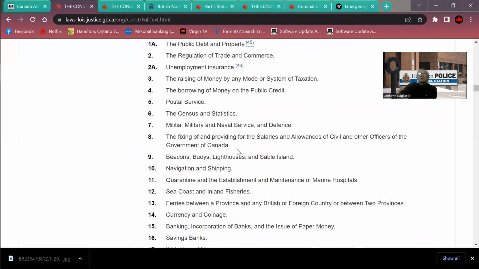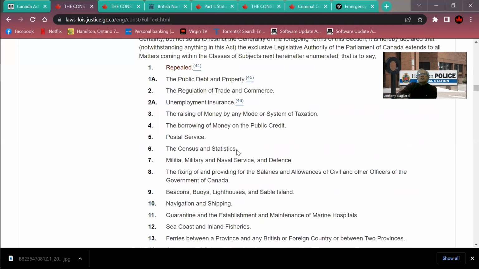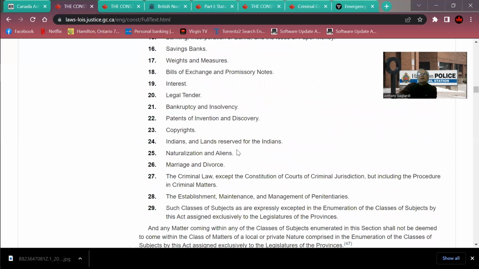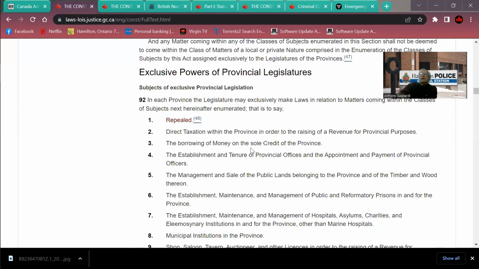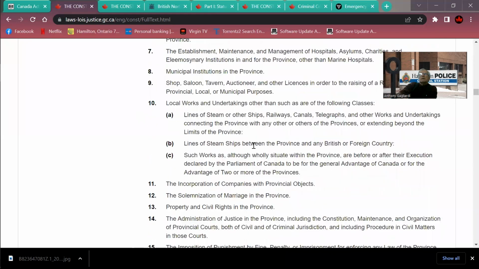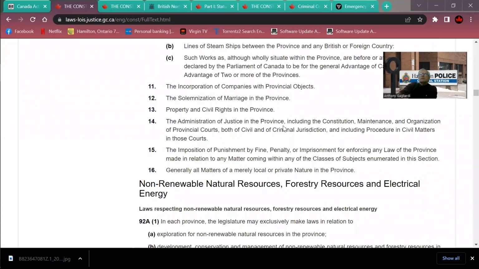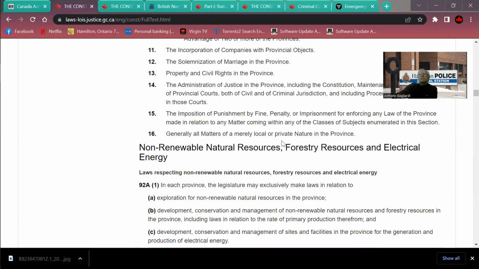Legislative powers. In section 91, number 27 is criminal law. So criminal is a federal thing. And as we see down here in the provincial legislatures, it does have the courts, the administration of the justice. So the provinces administer the criminal courts, but the criminal aspect is a federal matter.